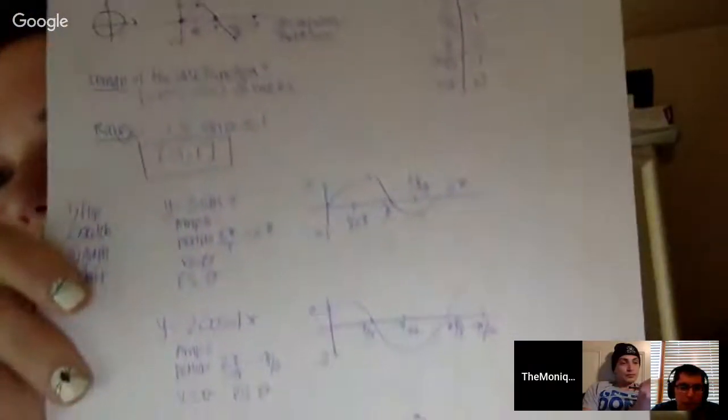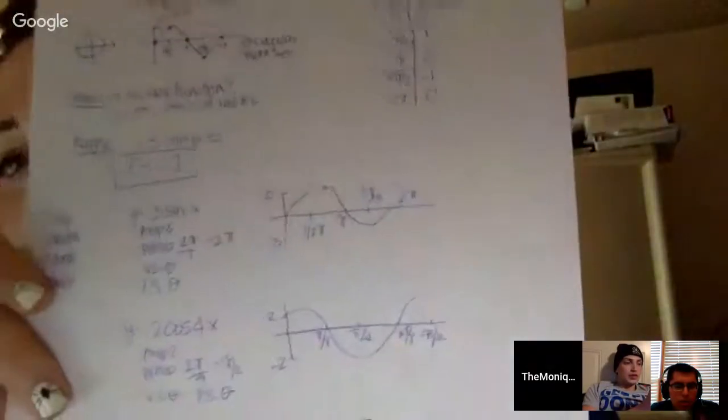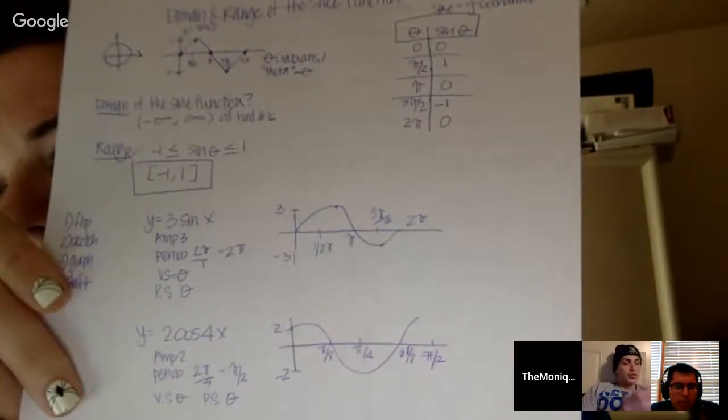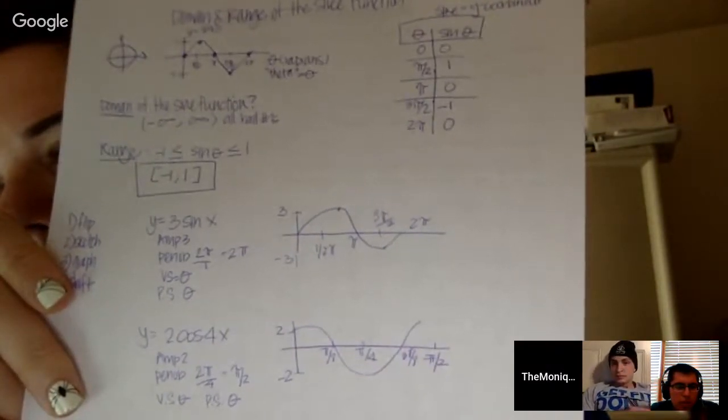So the top of that, where you have y equals 3 sine x, how do you find the top of that wave and the bottom of that wave? So the 3 is the stretch. That just means that instead of going to 1, it's going up to 3. And you can just label your graph however that stretches.